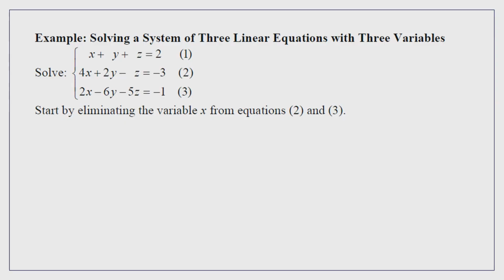For this example, we are going to be using the elimination method, and we have some steps here that we're going to follow to help us solve this system of three linear equations. We have equation 1, 2, and 3, and the first thing it's asking us to do is to start by eliminating the variable x from equations 2 and 3.